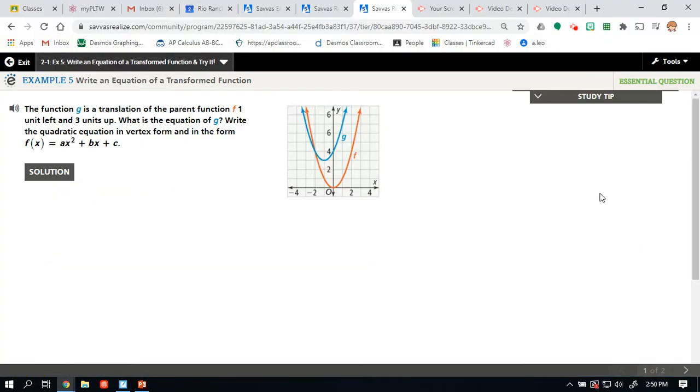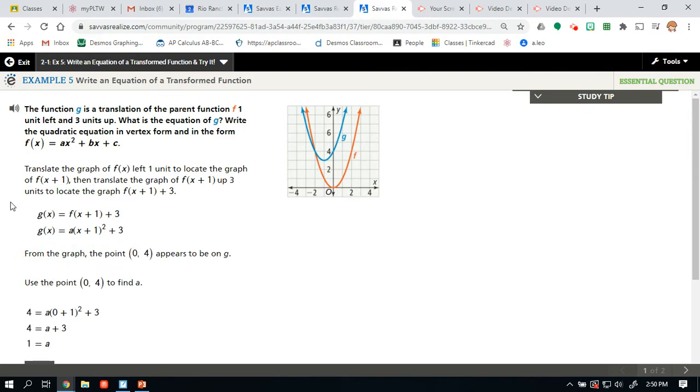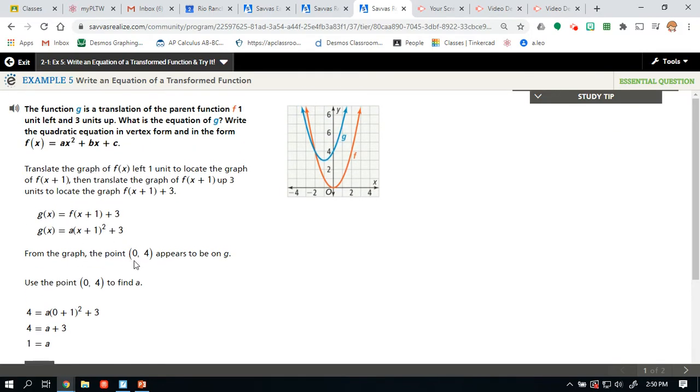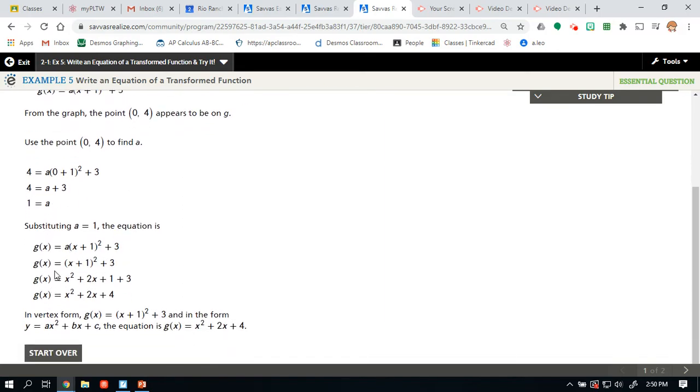And we will go back to this so that we can see their solution. So again, here they have it. They too have the f of x plus 1, showing that this is the transformation to the inside of the parent function. Then they looked at 0, 4, and they found that a is equal to 1, just like we did. Substituting 1 back in, they went from their vertex form here to their standard form here.